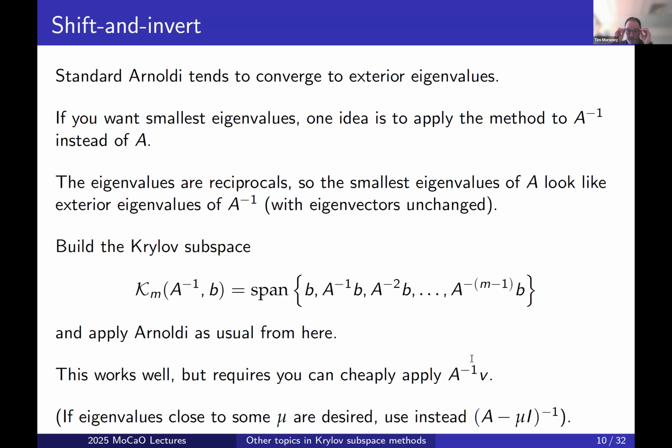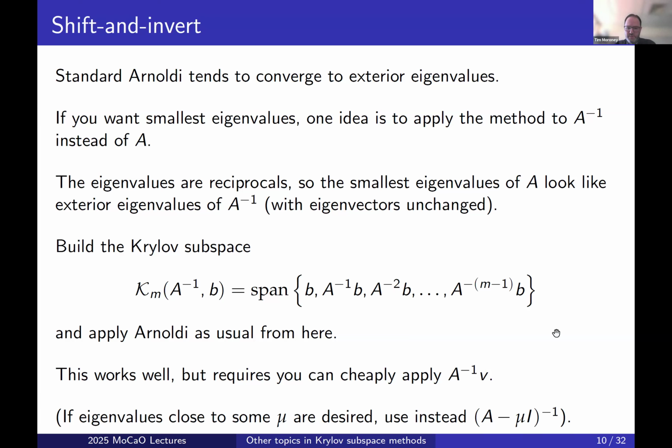And in fact, this is completely general. If you desire eigenvalues close to some particular value mu, then you should just use mu as the shift. You should look at A minus mu I inverse, because now the very smallest ones around the mu look like big ones when you invert. Of course, if you literally pick the eigenvalue, this would be singular, but you're never going to get such a precise estimate to start with.